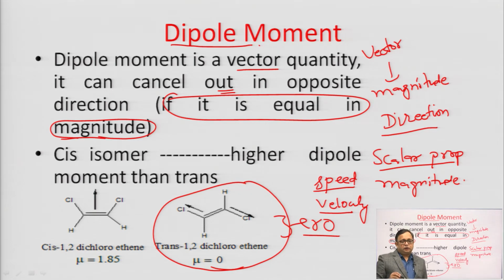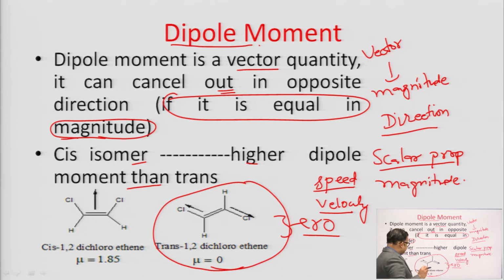On the other hand, the cis isomer possesses a higher dipole moment, that is a value higher than 0. It will vary from compound to compound, but it is a general statement that cis isomers possess higher dipole moment than trans.